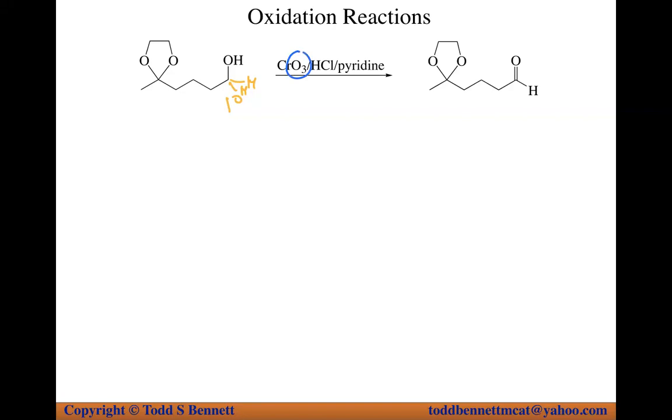So I've added something called pyridinium chlorochromate, which is what happens when you put pyridine, which gets protonated. So the H+ is going to go on pyridine. This is pyridine, it's benzene, except with the nitrogen in the ring.